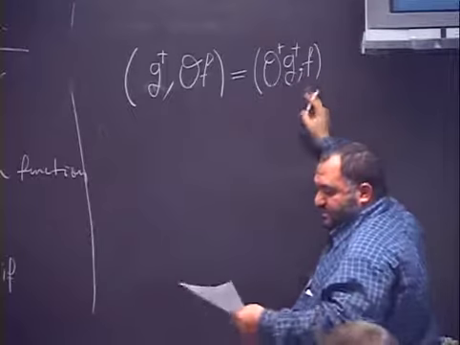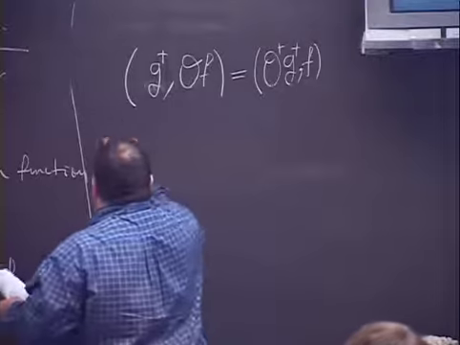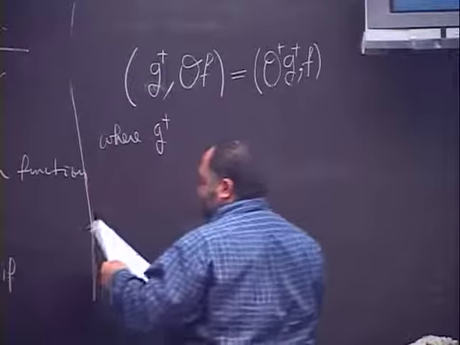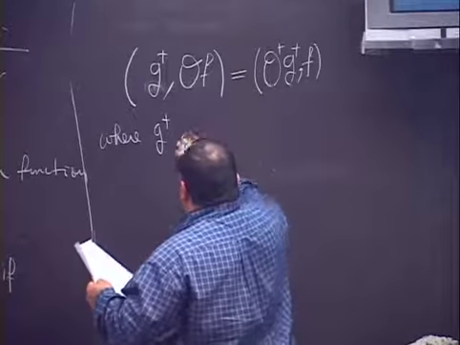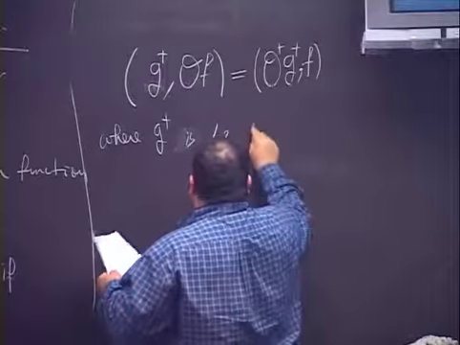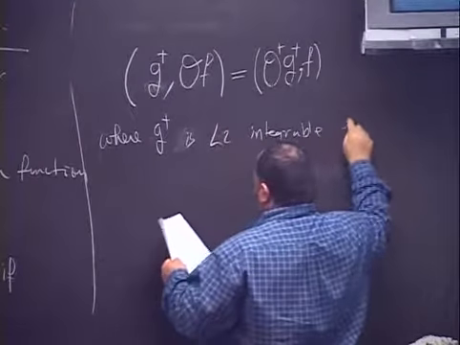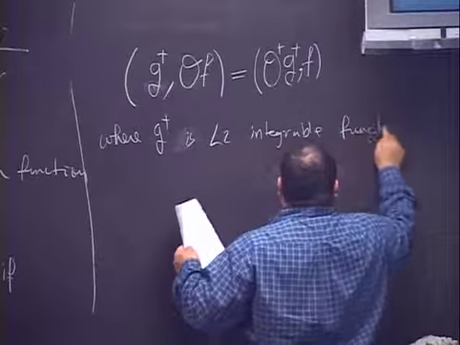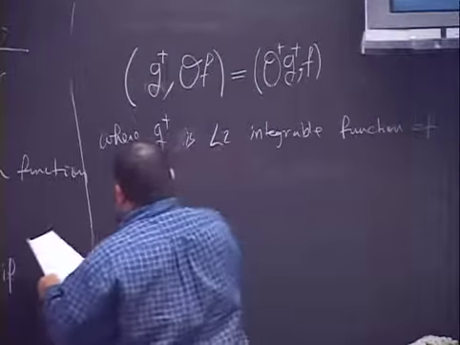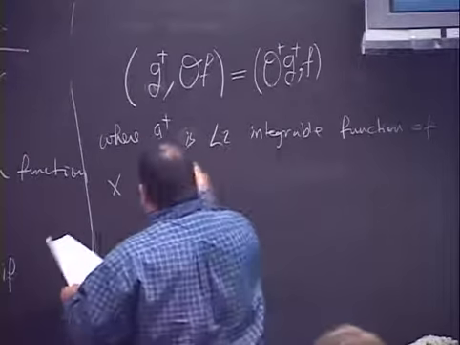In this case, this is an adjoint operator, where the adjoint function g dagger is also an L2 integrable function of x.